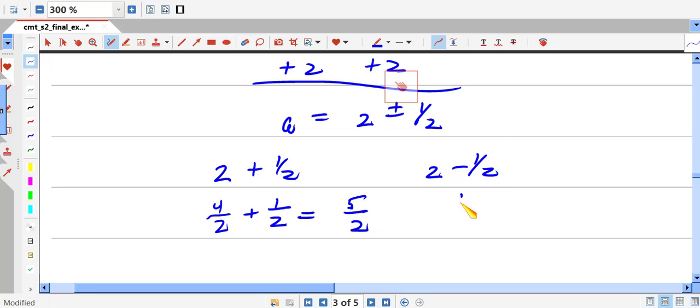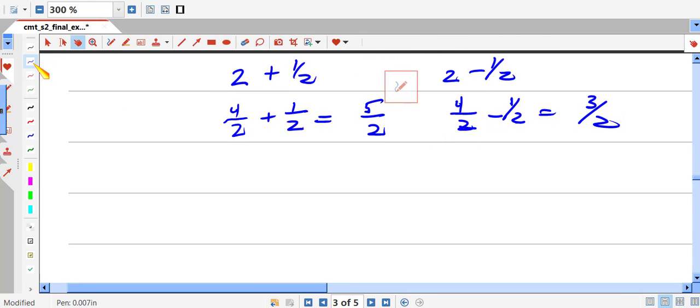And then here I'm going to write 2 again as 4 over 2, and then minus 1/2, and that's going to give me 3/2. So my two solutions are 5/2 and 3/2.